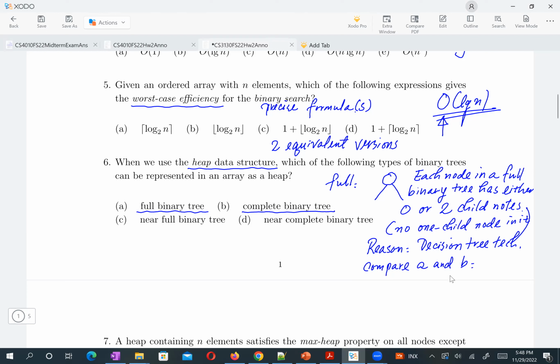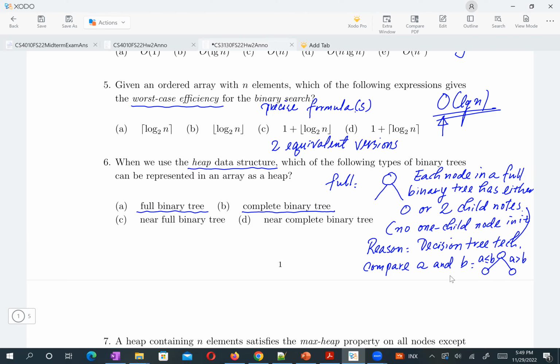When we compare A and B, usually we want to arrange the results using a binary tree. So there are two cases to consider. One case is A less than or equal to B, and another one is A greater than B. So two possible cases.